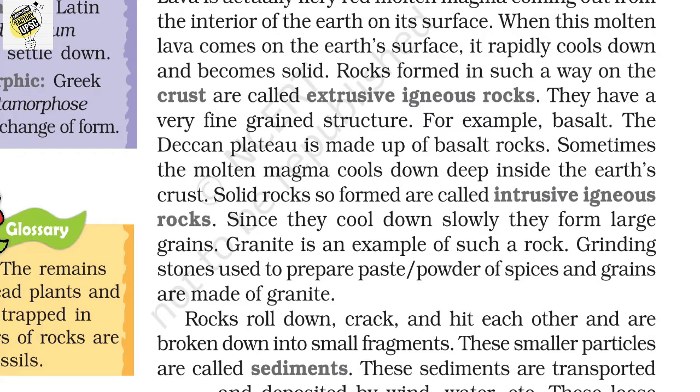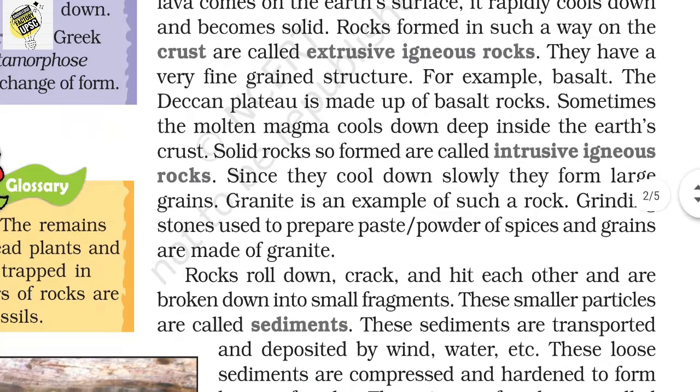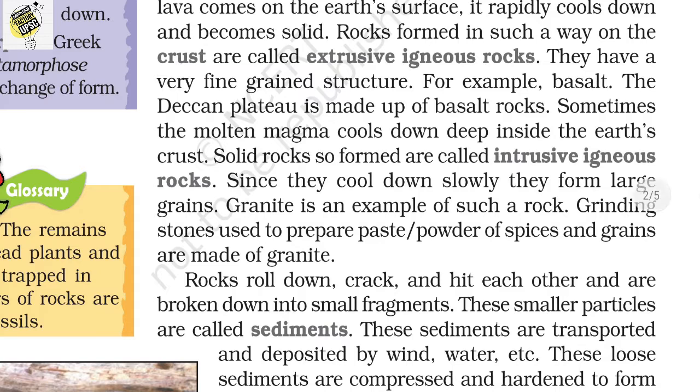Extrusive igneous rocks have a very fine grained structure. For example, basalt. The Deccan Plateau is made up of basalt rock, so it is mainly made up of extrusive igneous rock, formed by the cooling of lava.